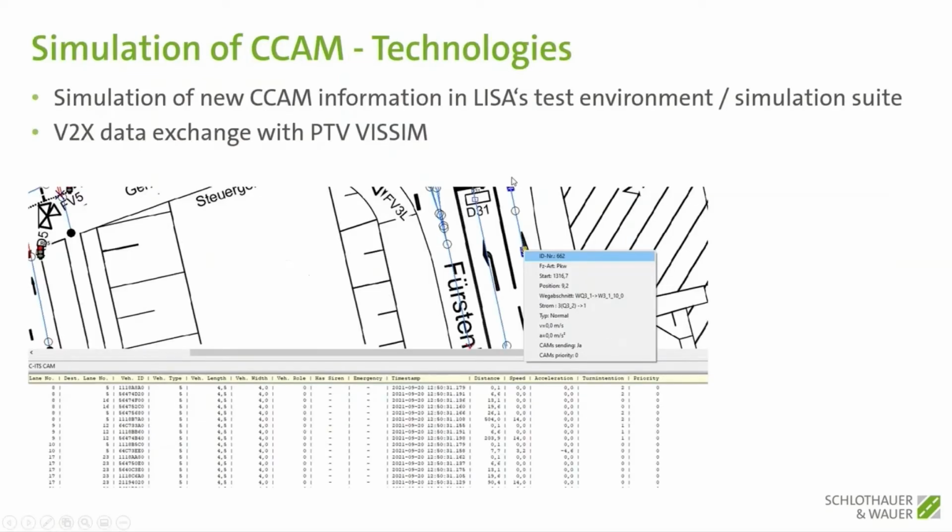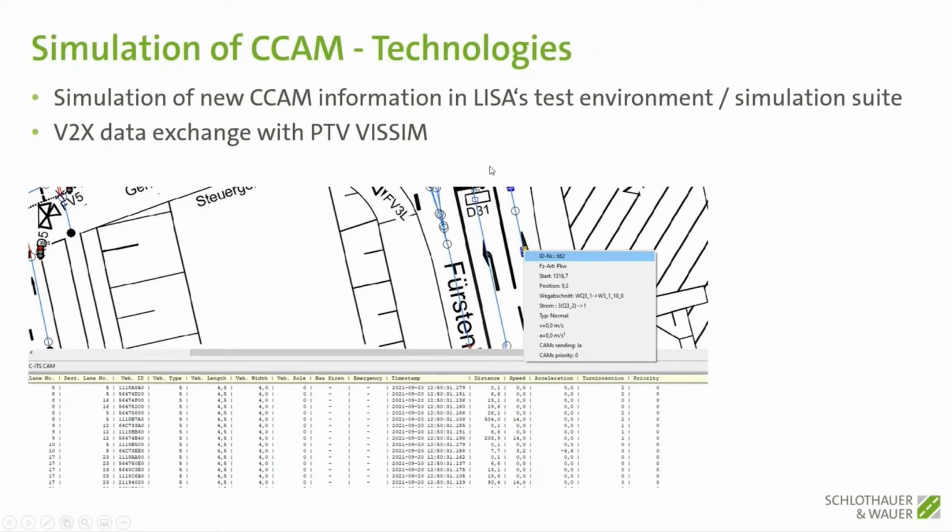Of course, in Lisa you will simulate that new stuff. Means that you get that CCAM information, you can observe it, see it in the control, you can bring it to text files or whatever you want to have, Excel or whatever.